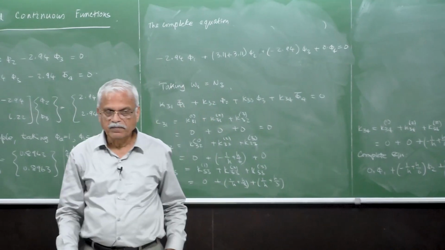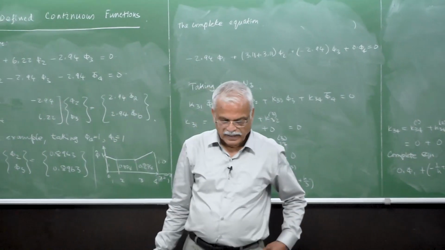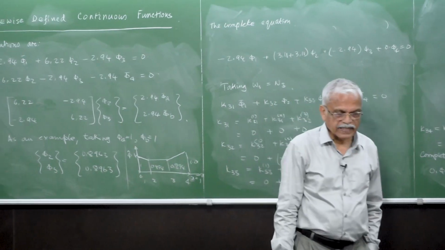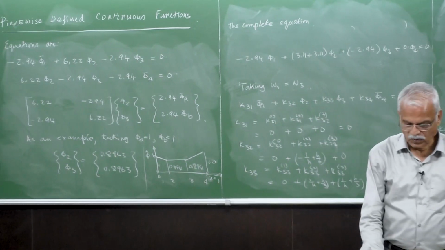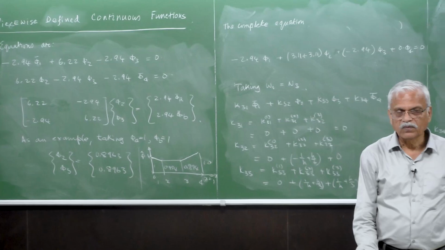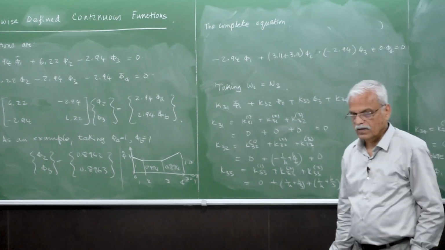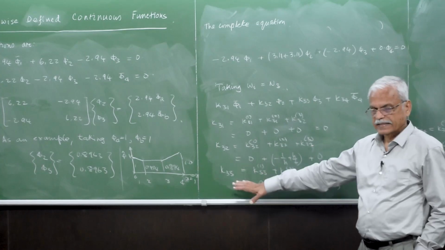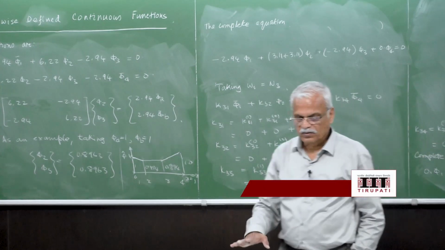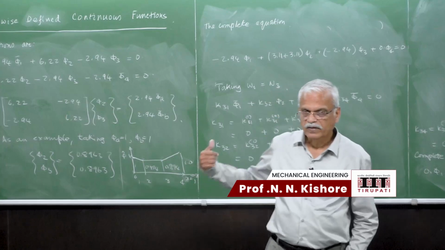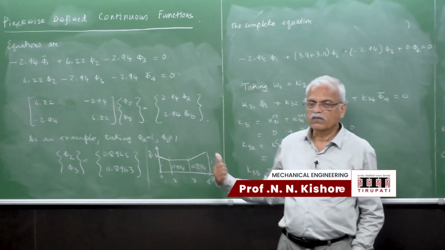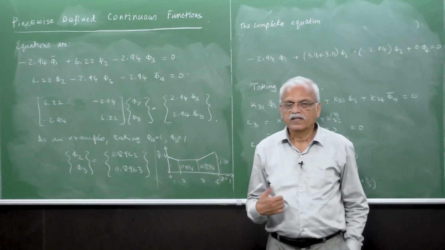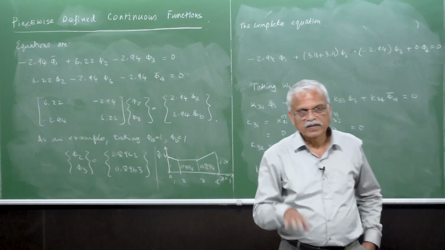And so you need not really evaluate all those zeros. Only thing is that you should know which are zeros and which are non-zeros. So that's what we are going to see in our next lecture. So we'll stop at this moment, and then we'll continue this one. We'll see how this can be further simplified. So for the moment, bye-bye.